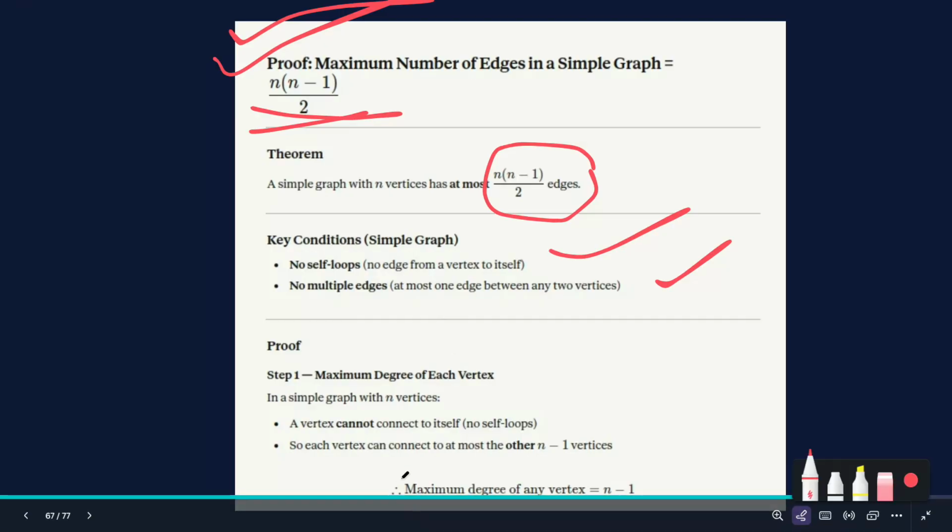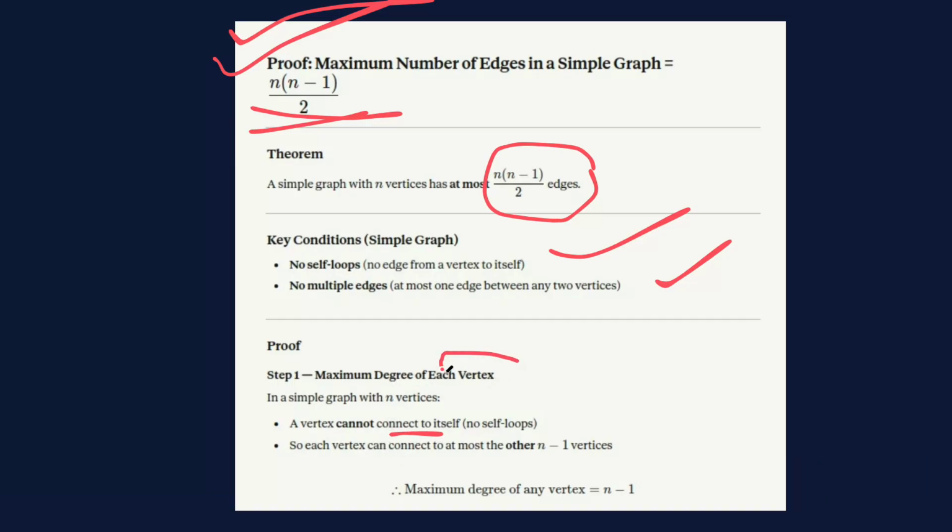So here a vertex cannot connect to itself, right? If you consider the maximum degree of each vertex, a vertex is not connecting to itself because we are not considering self loops. So each vertex can connect to at most the other n minus 1 vertices. At most means one vertex can connect to all the other vertices.